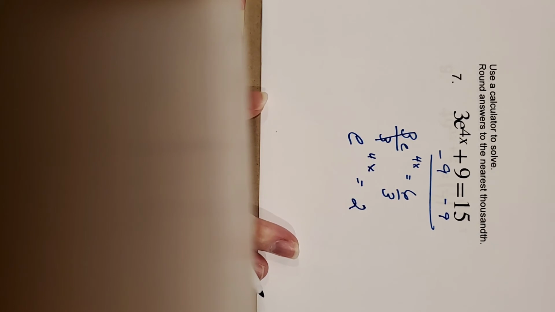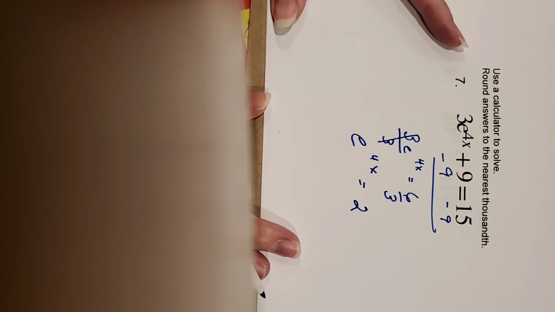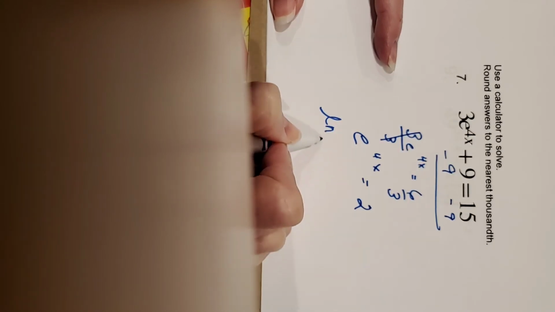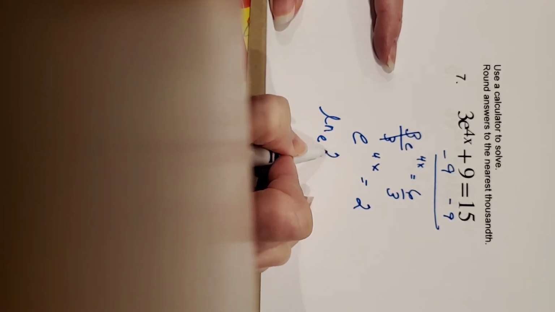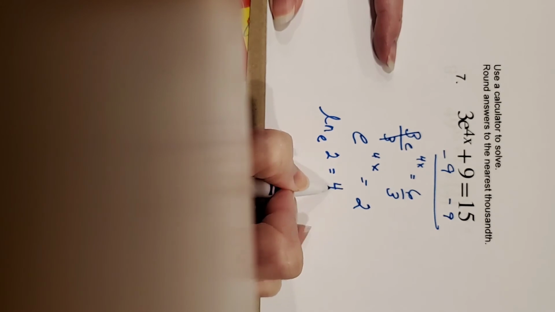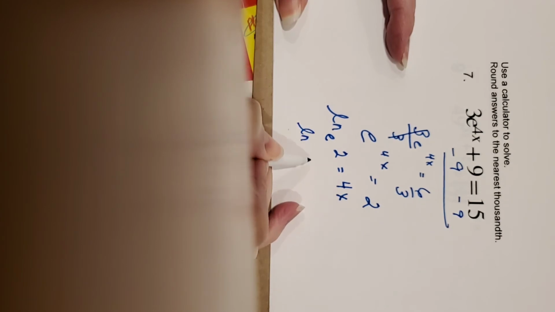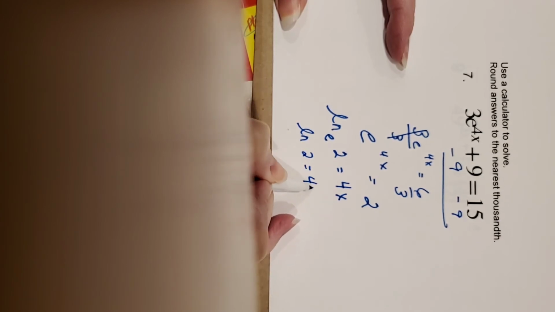Now, e always goes not with log, but with natural log. So when I write this, it's going to be natural log of 2 equals 4x. We don't really need the e for the base here.